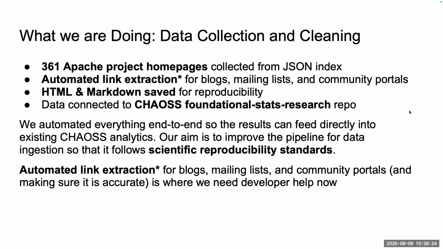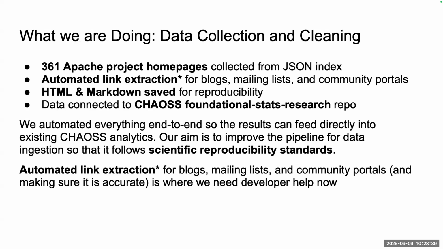Yeah, so currently we've been able to get about 361 Apache projects from their respective websites. We extracted that from the JSON. Every JSON has a URL to each individual Apache project.